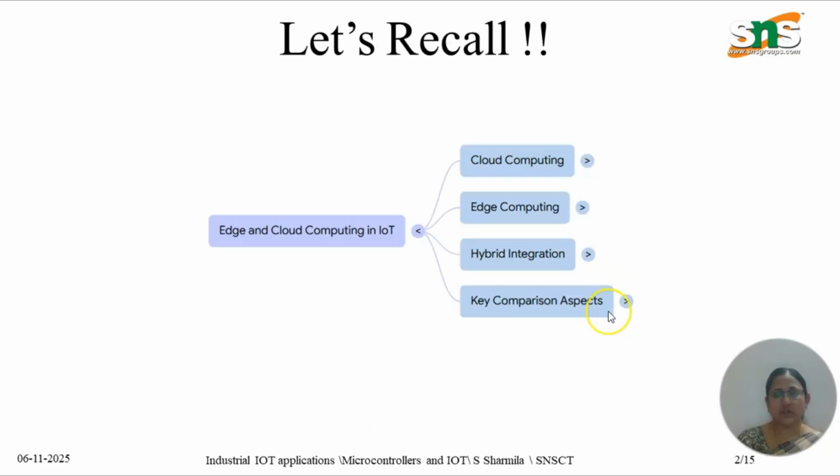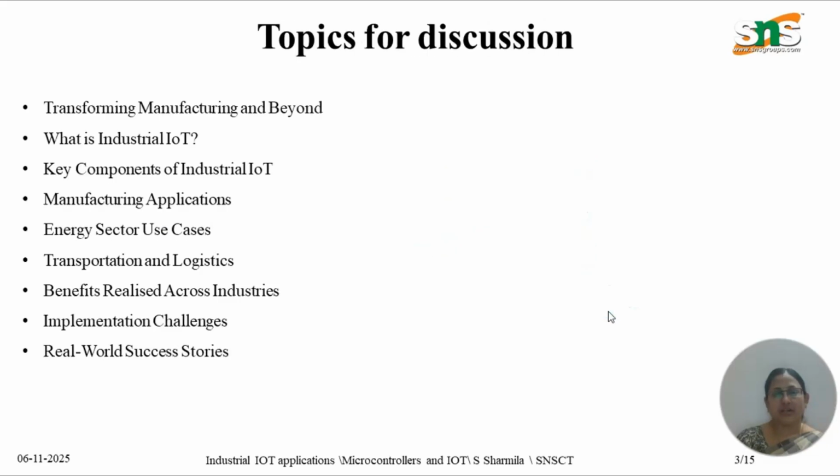So let's recall the last class topic. In the last class, we discussed edge, fog and cloud computing in IoT. We discussed cloud computing and edge computing in detail, and grid integration and the key comparison aspects of cloud, edge and grid integration. Today's topic for discussion is transforming manufacturing and beyond with the IIoT in industrial applications.